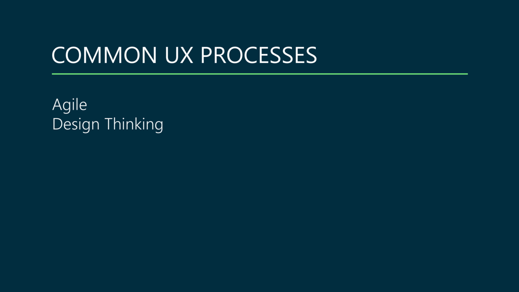The third process that we're going to mention is called Lean, and this also is not a UX process. This is also a design process specifically for designing products or services. But UX is asked often to fit into Lean, and it fits fairly well.